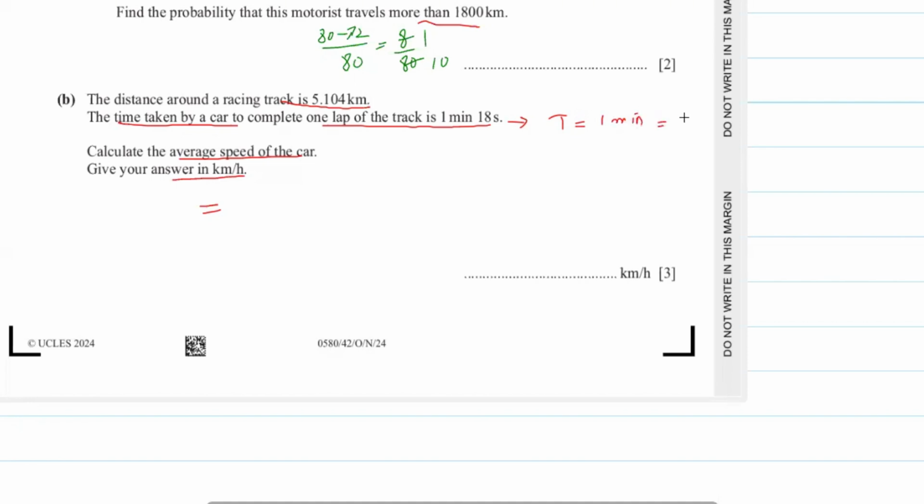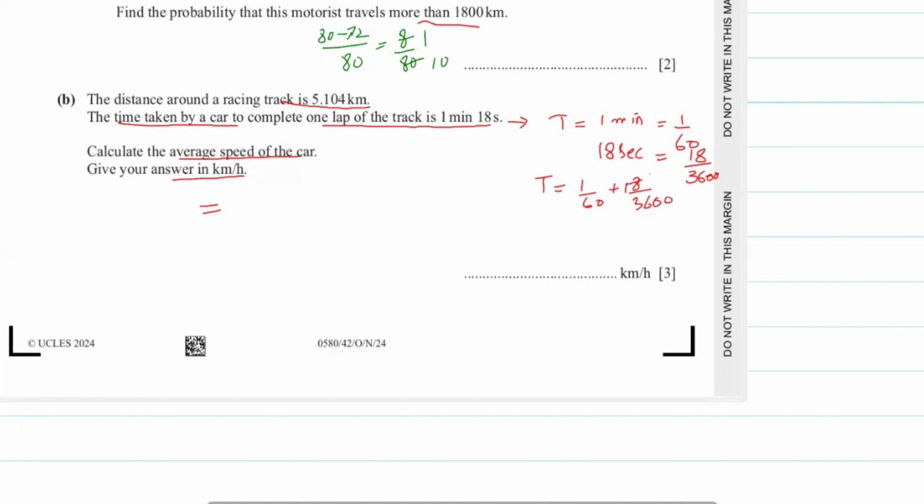This value will be equal to 1 over 60. And the 18 seconds we convert into hours. This will be equal to 18 over 3600. The total time will be equal to 1 over 60 plus 18 over 3600.